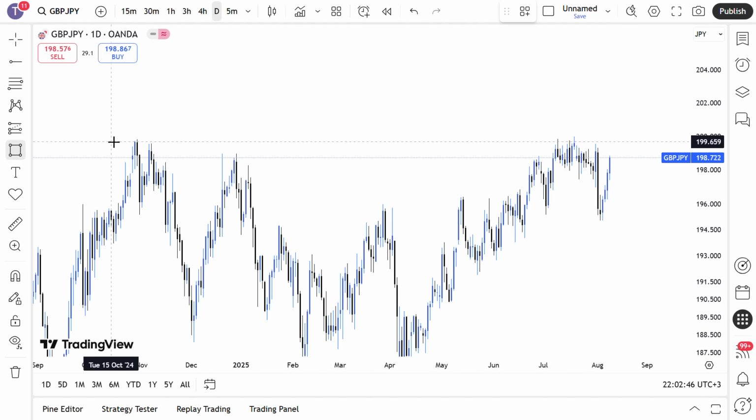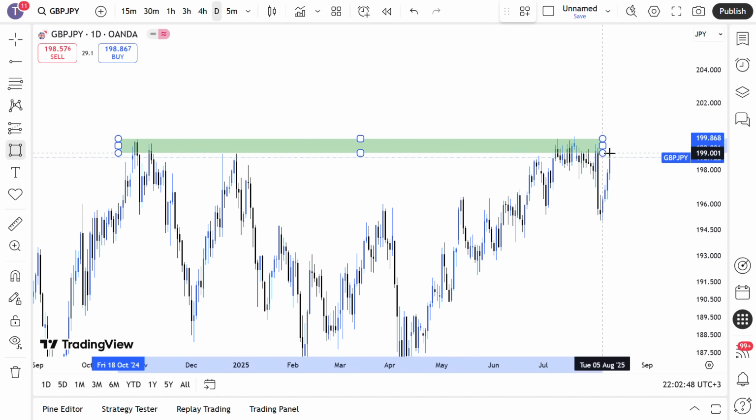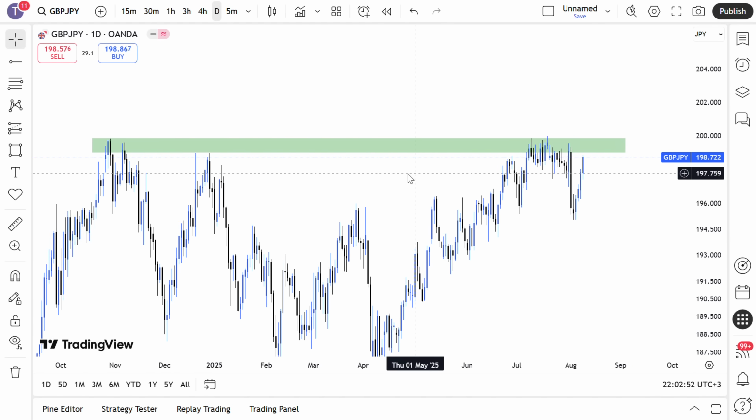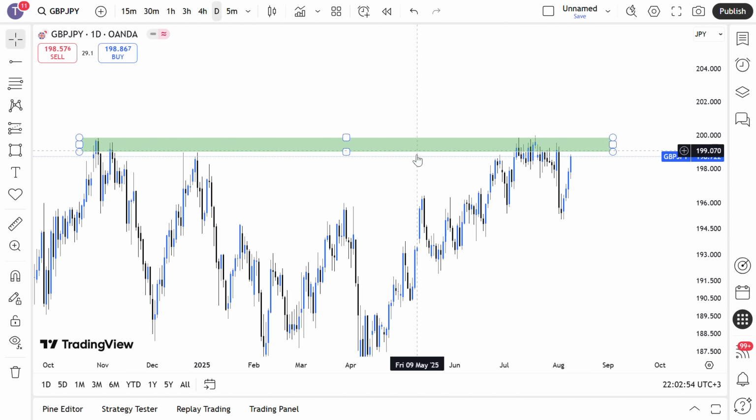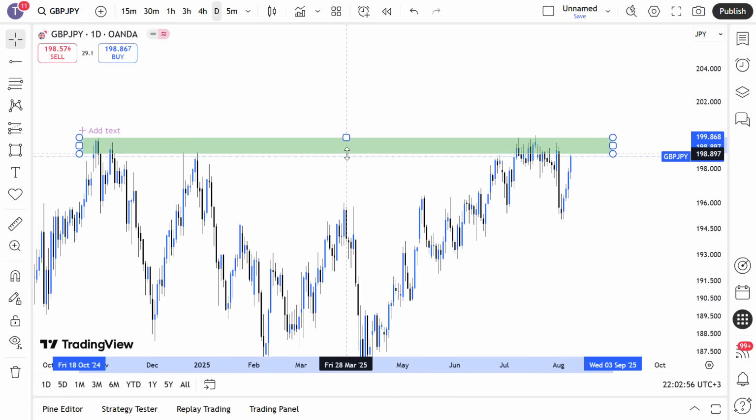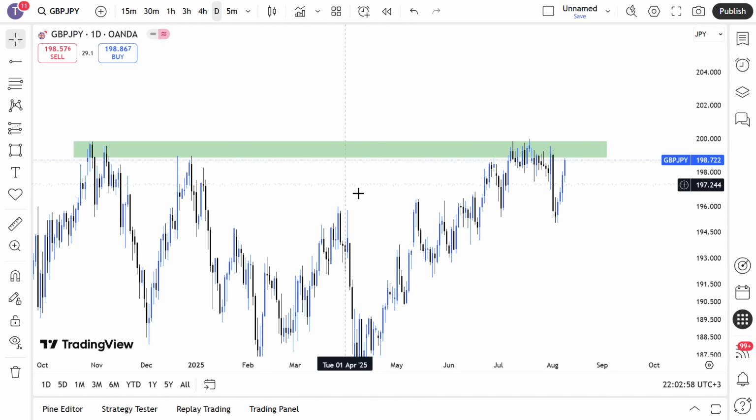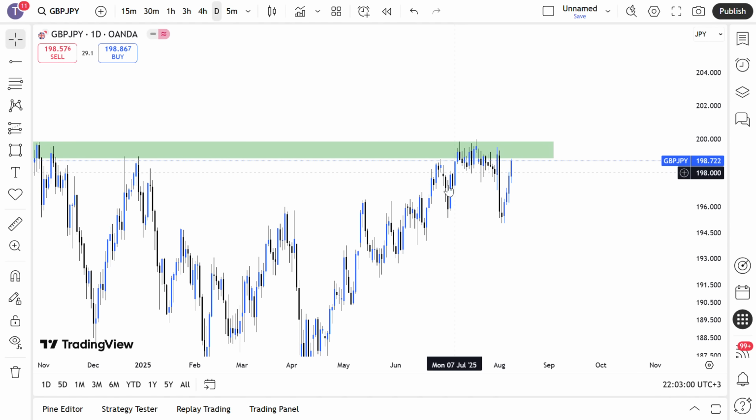Me marking this level doesn't mean that I'm trading support and resistance. This here is a resistance zone, but for me, I want to go into a lower time frame to be looking for those smart money concept strategies that are showing up in the lower time frame.